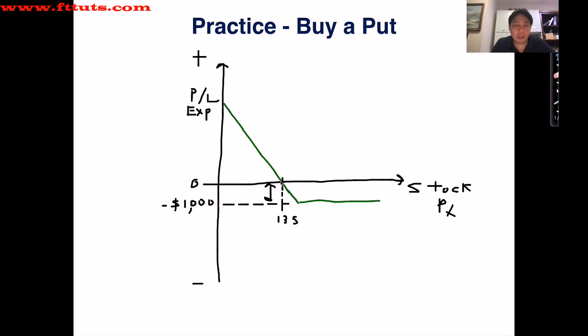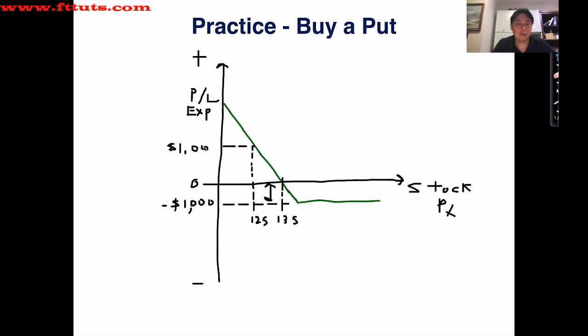Okay, and we said if the price drops to 125, how much do I make? Right? So I would make, again, it's not drawn to scale, so I'll make $1,000.